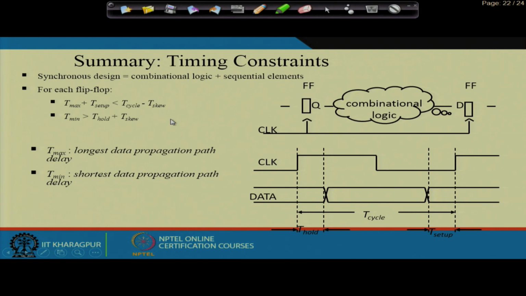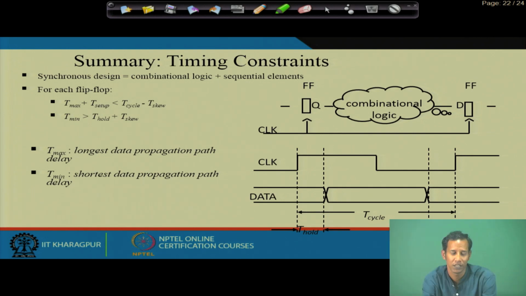We have already seen that to calculate the cycle time, we have to consider the maximum propagation delay as well as the setup time and the hold time, plus the clock skew if there is a skewed clock. As a summary, in continuation of the previous lecture, the timing constraint in synchronous design depends upon the combinational logic delay plus the logic elements delay.